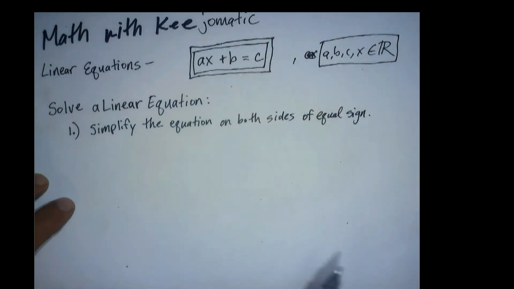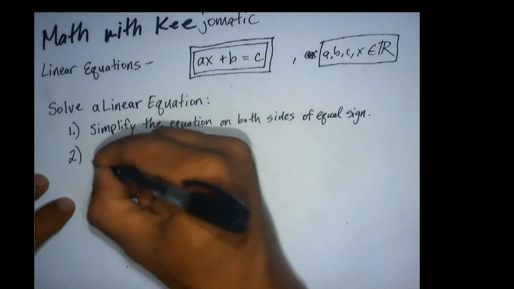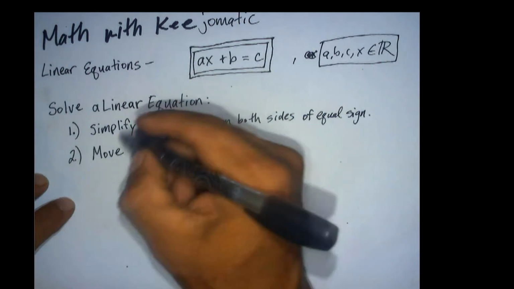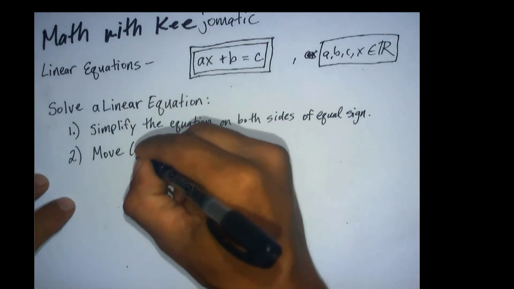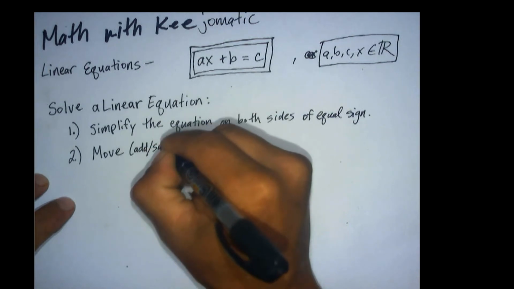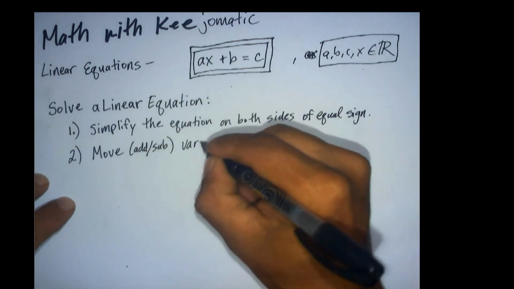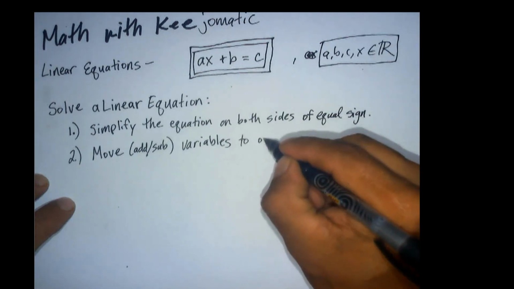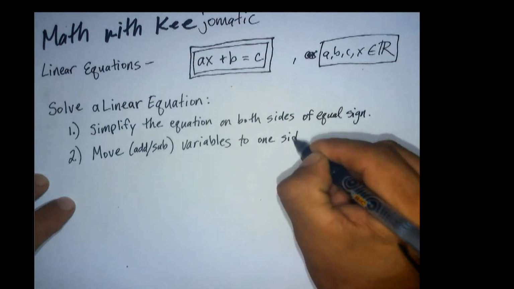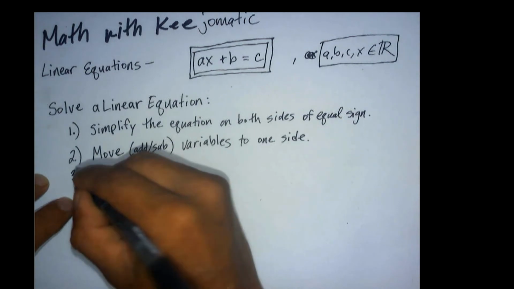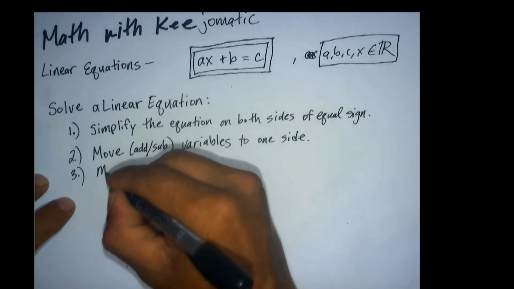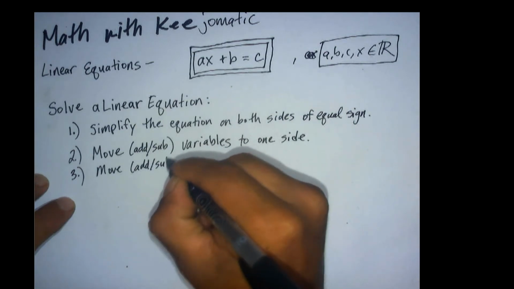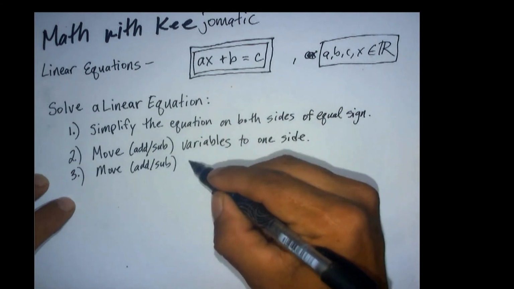Okay, 2, move all the variables. When I say move, that means add or subtract, right? Move all the variables to one side. 3, move, and that means add and subtract, the constants.